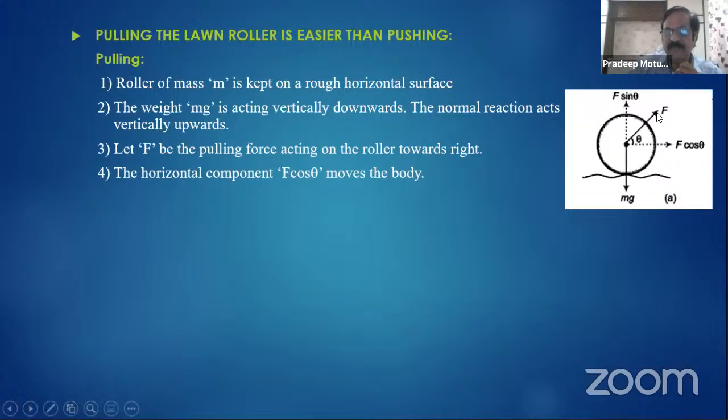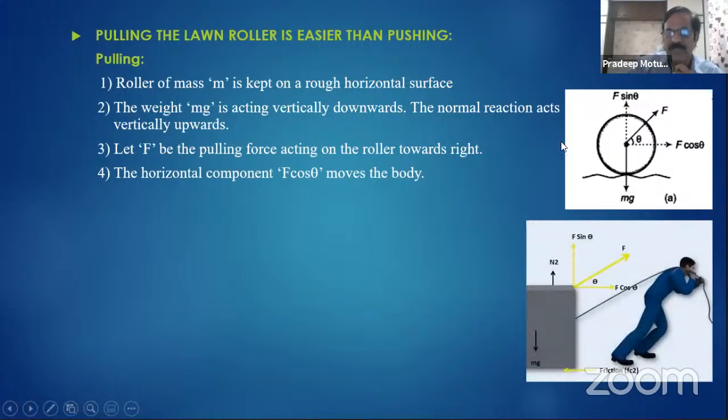F represents the resultant force and theta is the angle. From the diagram, the horizontal component is F cos theta and the vertical component is F sin theta.